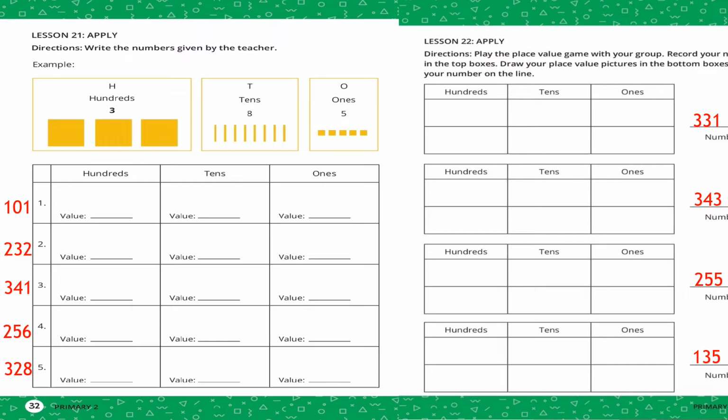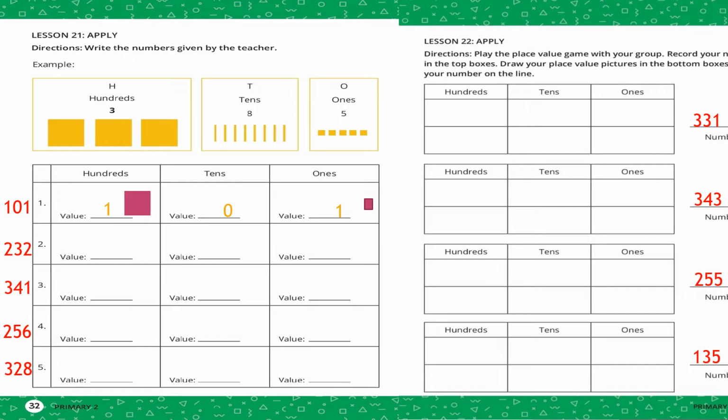Put the house from the right. Ones, tens, hundreds. Then we have 1 in hundreds and 0 in tens and 1 in ones. Draw 1 big square in hundreds. Nothing in tens. Draw 1 small square in ones. Number 3. You can solve number 2, 341.